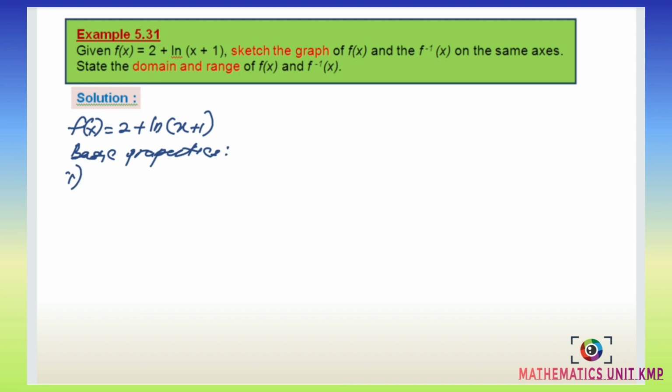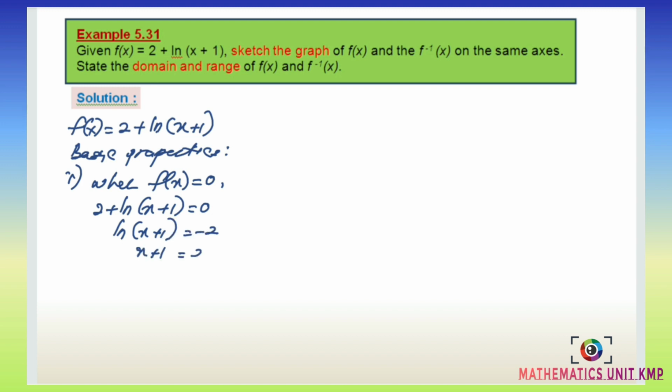Step 1: when f(x) = 0, 2 + ln(x + 1) = 0, so ln(x + 1) = -2, x + 1 = e^(-2), and x = e^(-2) - 1. Using a calculator, the value is -0.9.